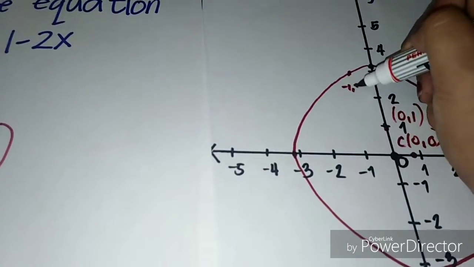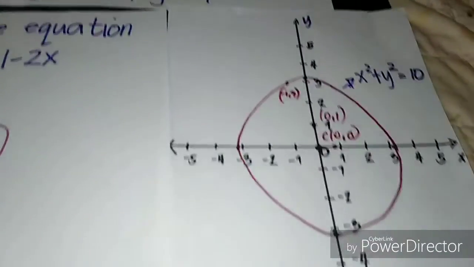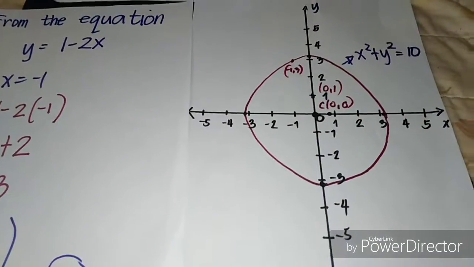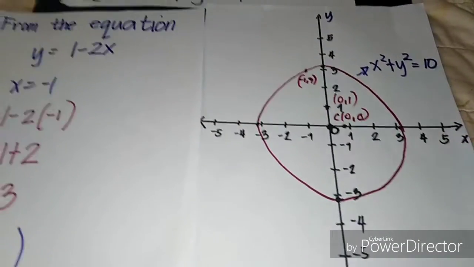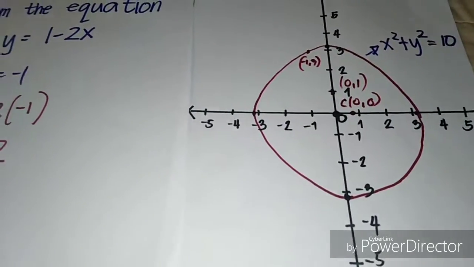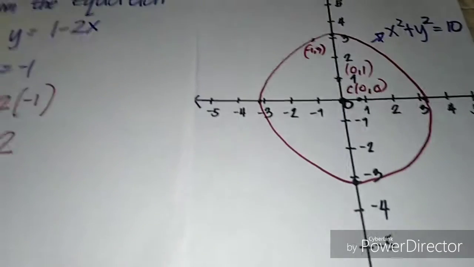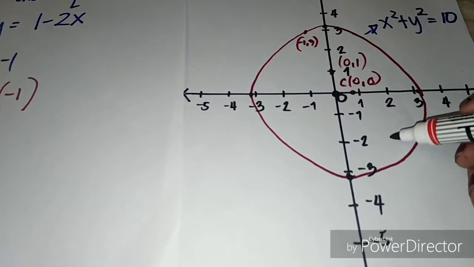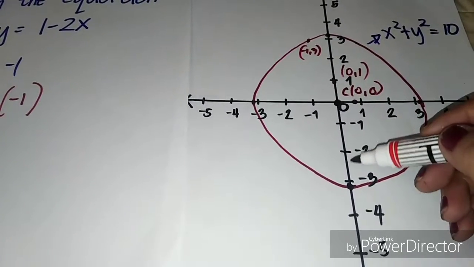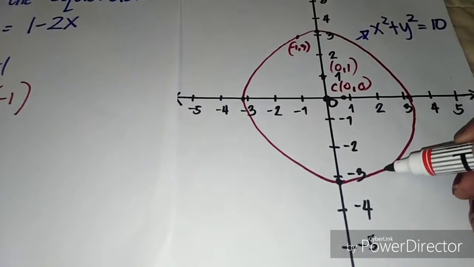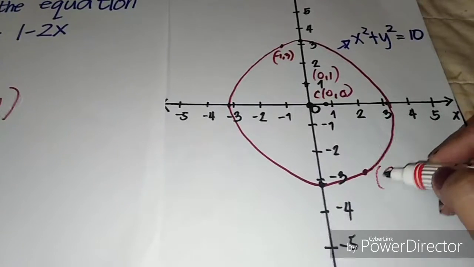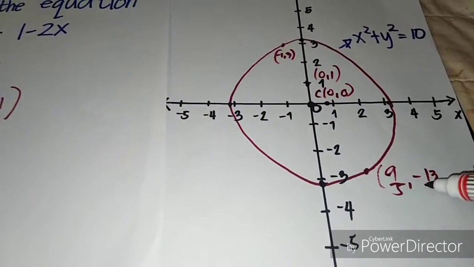And the next one is 9/5 and -13/5. Since 9/5 is 1.8, so here 1.8, and -13/5 is -2.6. So 2.6 here. So this is the point 9/5 and -13/5.